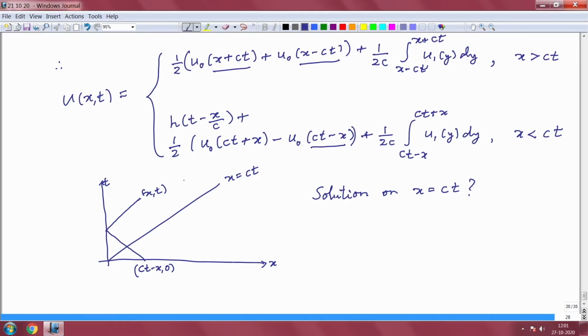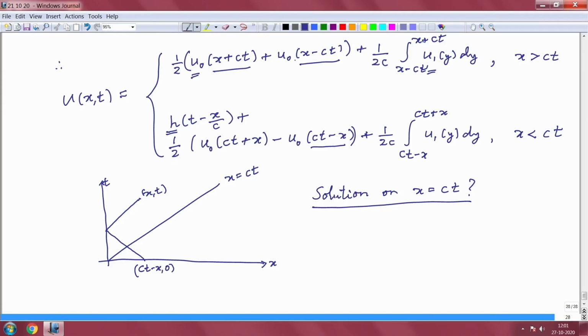So, we have found the solution in this region and this region. So, we simply take the limit from either side. So, obviously, we want the solution to be C^2, and that imposes certain conditions on the boundary data and the initial conditions. Okay. So, two expressions are here.